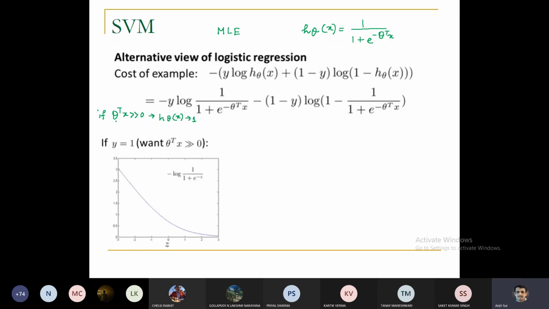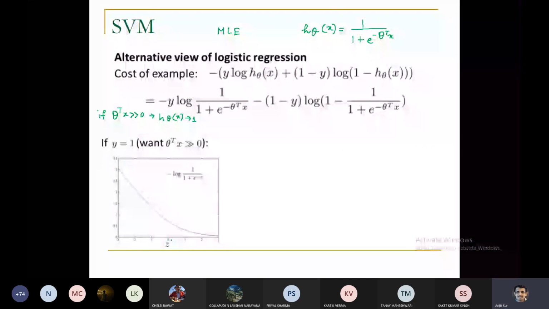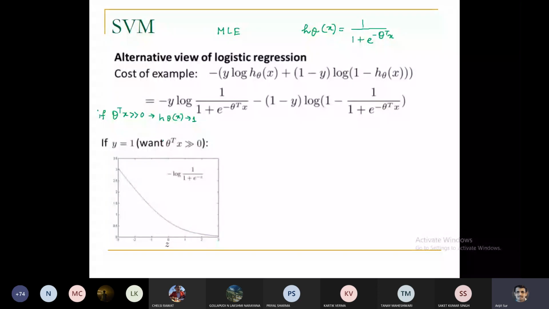If y is equal to 1 and z, which is theta transpose x, is going towards 1, then our error function is coming to 0. So if y is equal to 1 and theta transpose x is going to 1, you can see h theta is also going to greater than 1. So this is the converging.